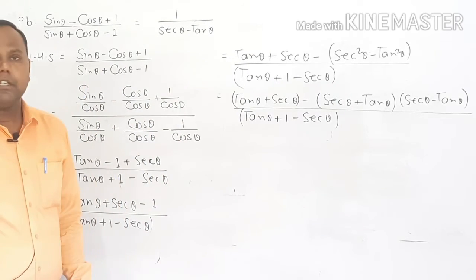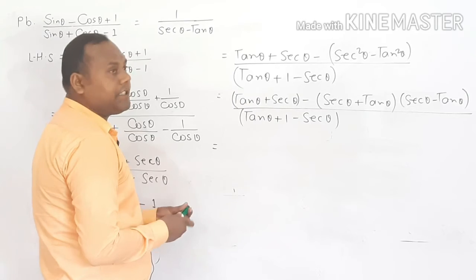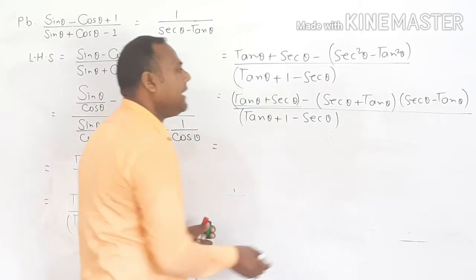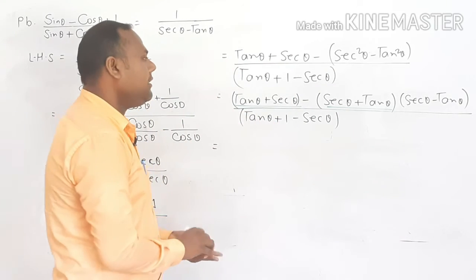That means we have to take the common part in the numerator and denominator. tan θ plus sec θ is the common part in the numerator.